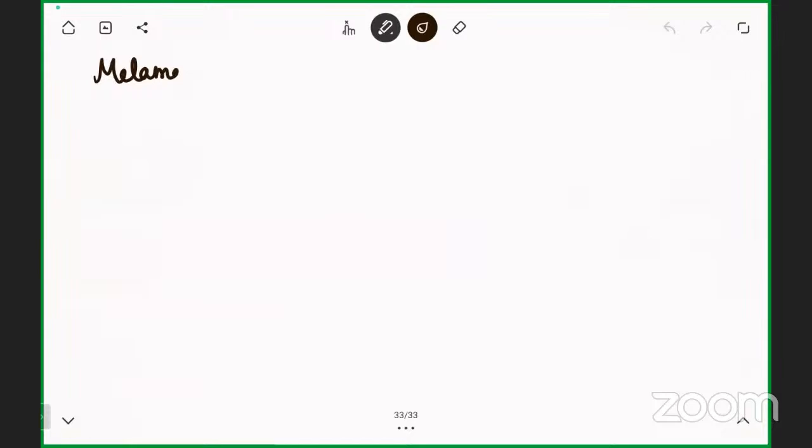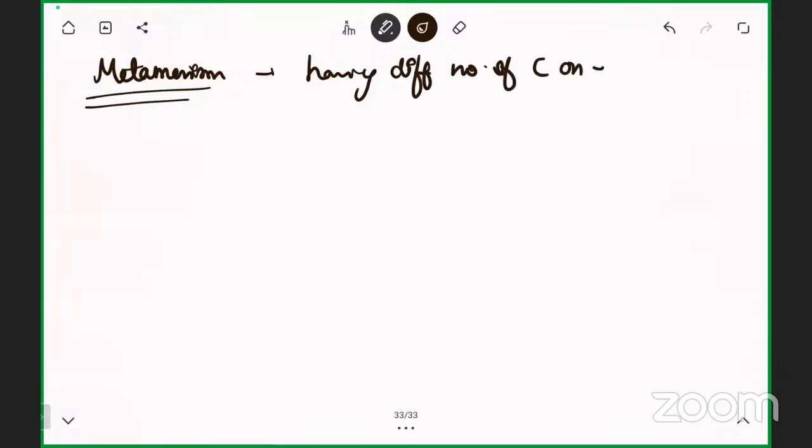So the last for today is metamerism. Okay, generally the compounds having the same molecular formula but having a different number of carbons on either side of the functional group.